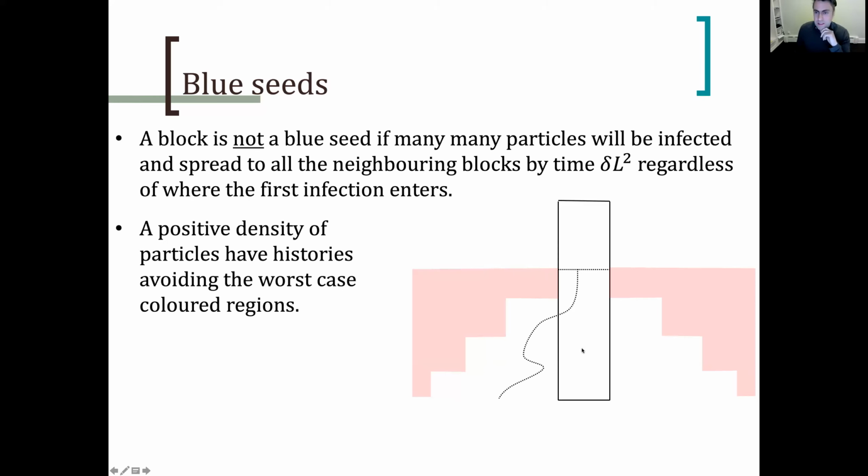That's essentially that regardless of what the history of the shaded region looks like, we're still going to see lots of particles in that box. And wherever an infection enters in the boundary of the box, that's going to infect a lot of particles from that box quickly, and then they're going to quickly spread to the neighbors and infect those. So it's blocks that, regardless of how they first get infected, will quickly infect their neighbors.